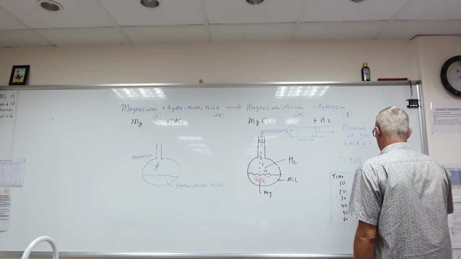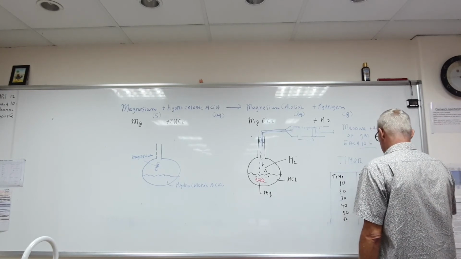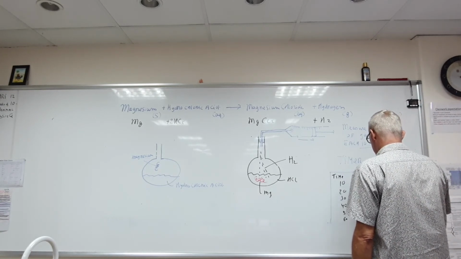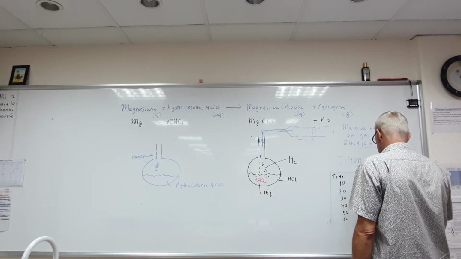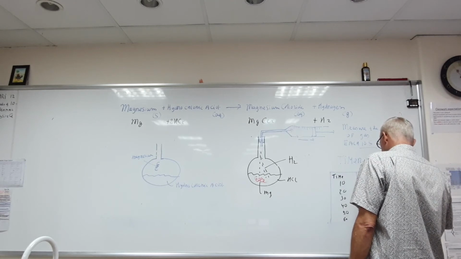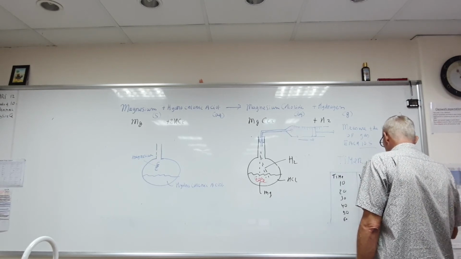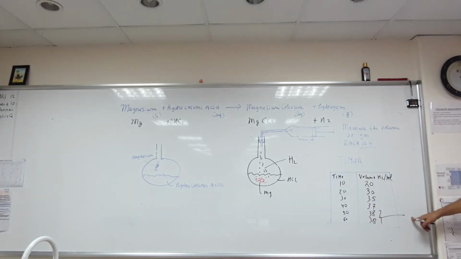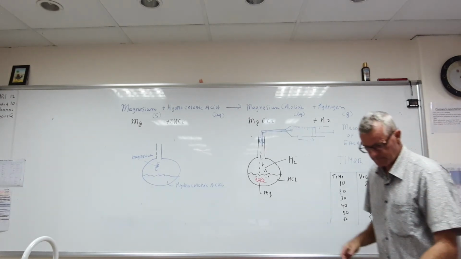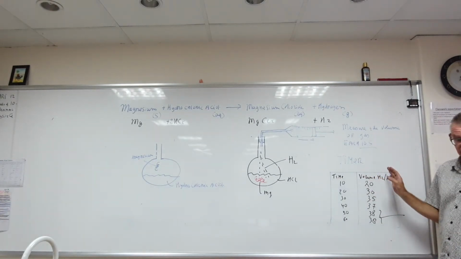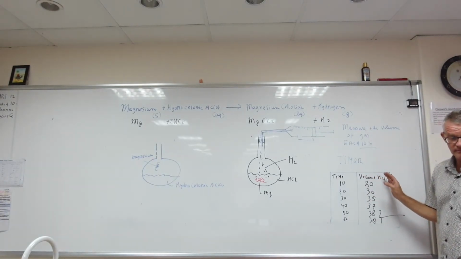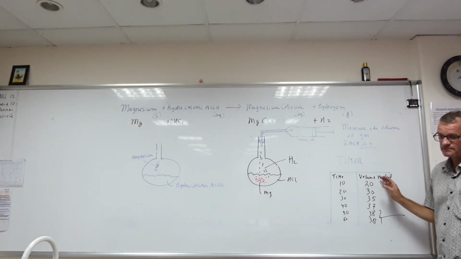Then after 20 seconds we get 30, 35, 37, 38, 38. Now here we know the reaction stops because there's no more hydrogen formed. Okay? I hope this is clear. Make a note of this, and then you know how we can measure actually the rate of reaction.